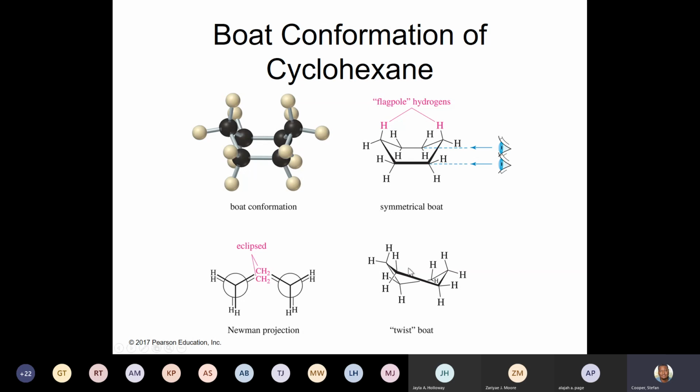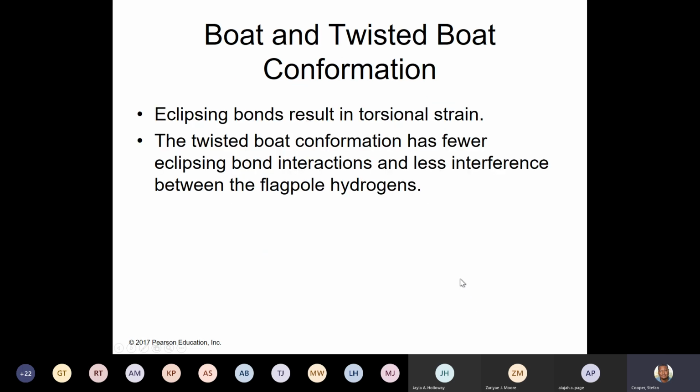If I look at the twist, however, the twist isn't too bad. However, there are some bad interactions. If I look closely again, these H's here are kind of overlapping, so they're not bad, but it's trying to pucker itself to alleviate a lot of potential eclipsing interactions. So it's okay, but not as good as a chair conformer.